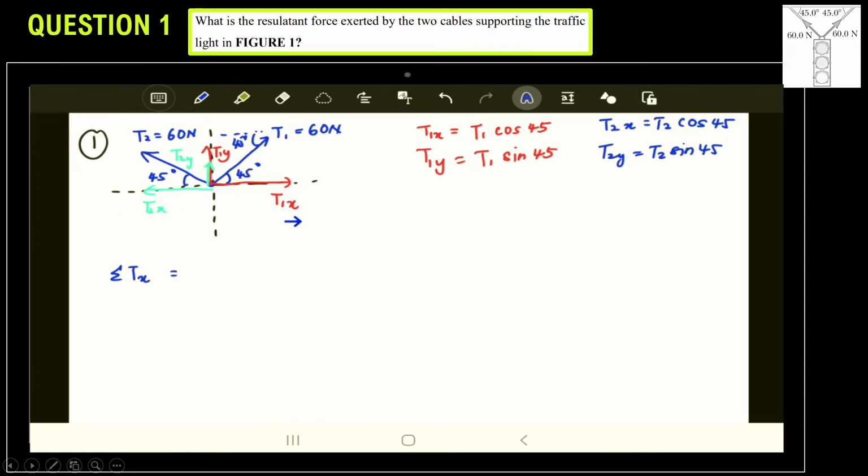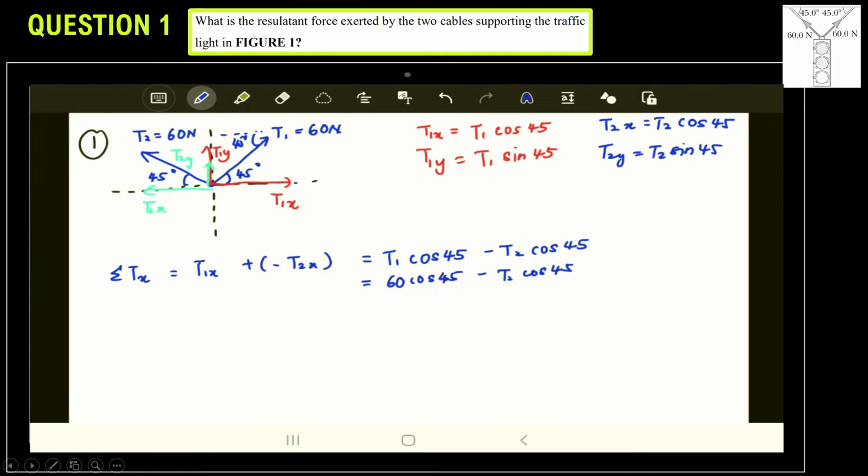We take T1X to the right as positive and this as negative. So we have T1X plus negative T2X, which equals T1 cos 45 minus T2 cos 45. T1 is 60 cos 45 minus T2 cos 45, where T2 is 60, and you will get 0 Newton. So the total tension in the X component is 0.